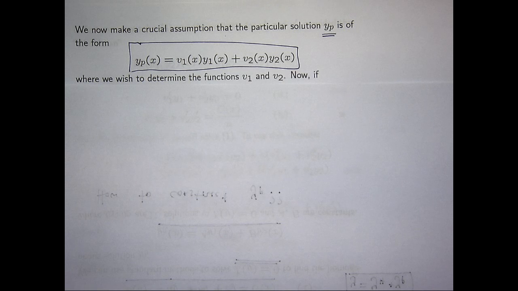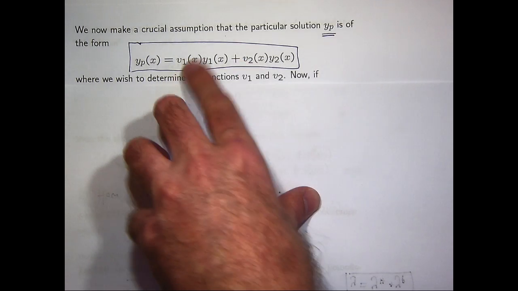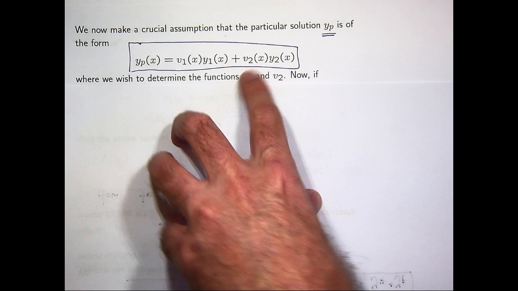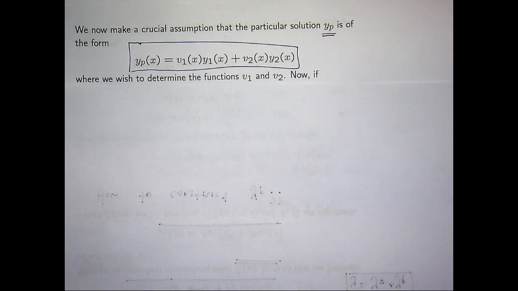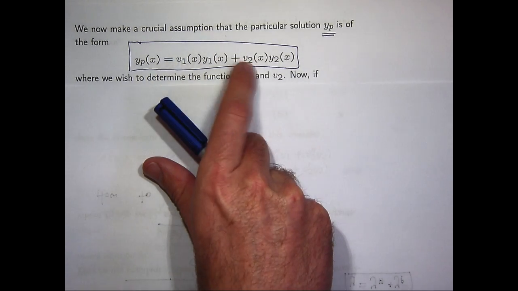The v1 and v2 are just some functions that we want to determine. If we know v1 and v2, then we can write down y sub p. So we're building y sub p from y sub h in some way, based on these two functions.